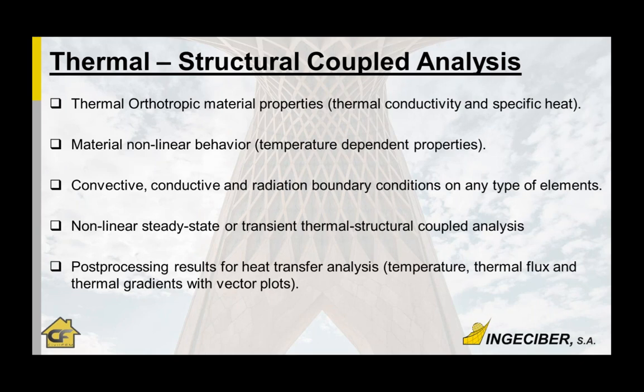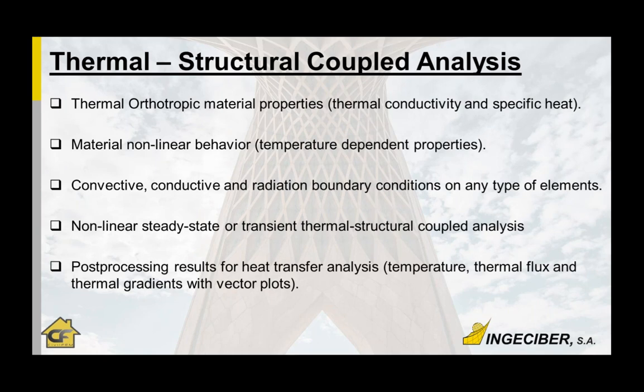The structural results are then considered in the thermal analysis, the deformed shape for calculating the new thermal increment and so on. Apart from this strong coupled analysis, we have thermal orthotropic material properties, thermal conductivity and specific weight. Also material nonlinear behavior, temperature dependent nonlinear properties.